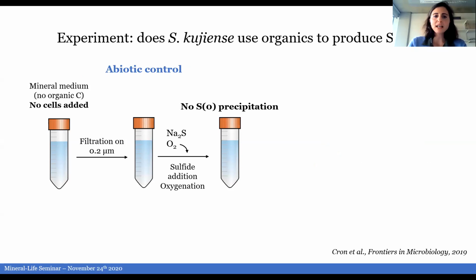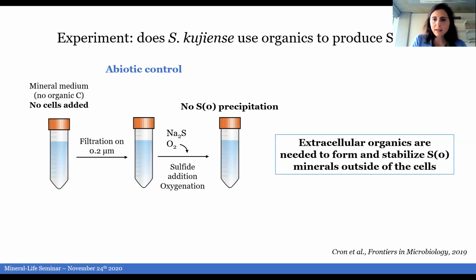We filter it, we add sulfide, we add oxygen. We let it oxygenate, and in this case, we don't form any elemental sulfur particles. So this is, I think, a good demonstration that in the case of this microbe, extracellular organics are absolutely needed to form and stabilize extracellular sulfur mineral outside of the cells.